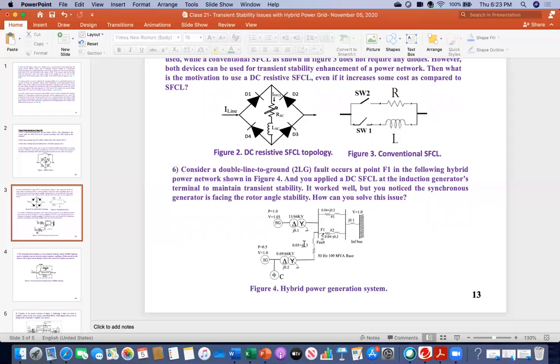So what did you write? It means the synchronous generator is not properly stabilized because you used DC SFCL here. Because it was closest, that helped this generator, but it did not properly help this generator. That is the meaning.